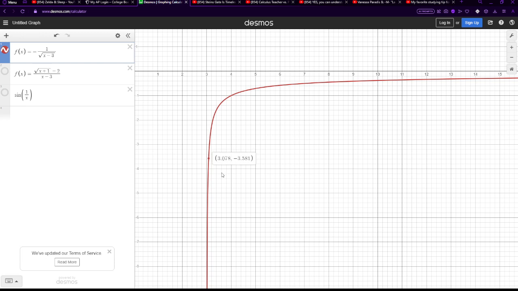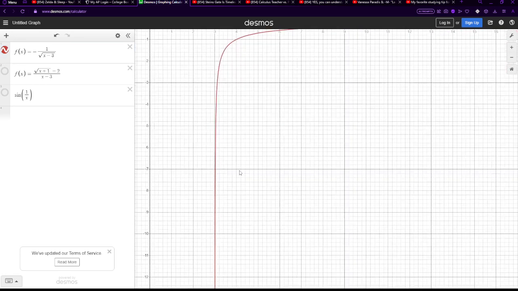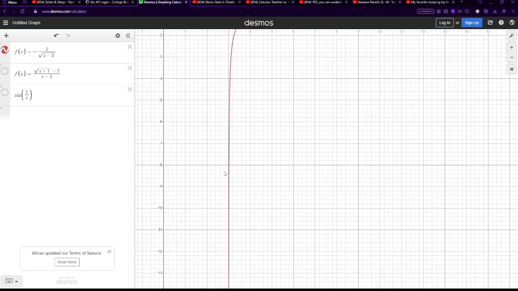Since we're getting closer and closer to 3, we can see that it's getting bigger and bigger. So we can assume that this will be equal to infinity.